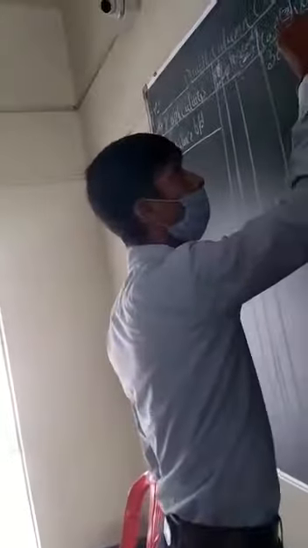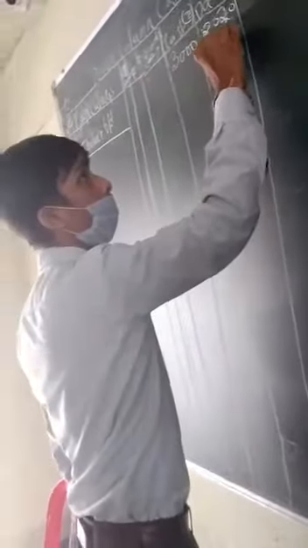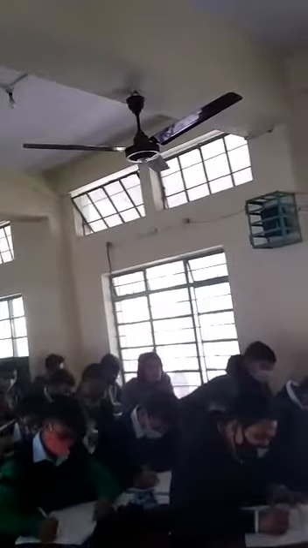It was cash purchases. So money goes out. 2020 March 1, by purchases. Please write by purchases, and write the amount 1000. By purchases account 1000. And give a narration.